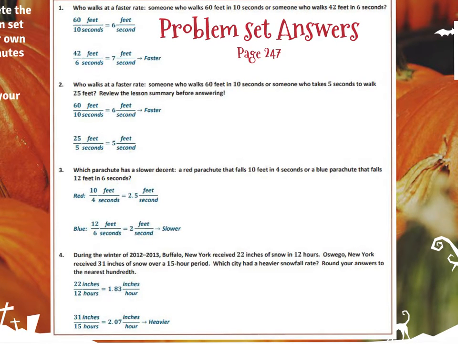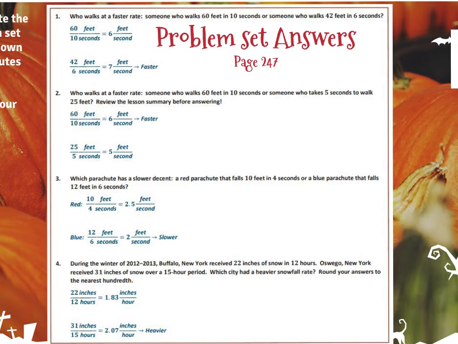So the first problem, and it looks like it kind of has it set up. Who walks at a faster rate? Someone who walks 60 feet per 10 seconds. This is the first part right here.